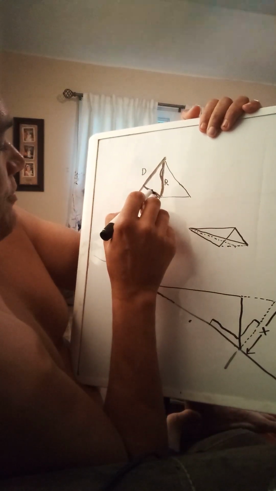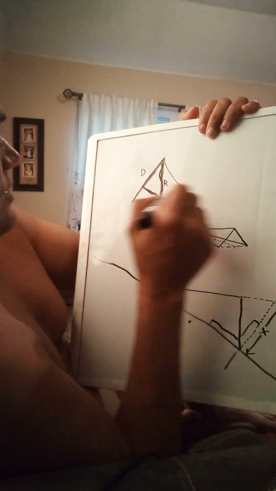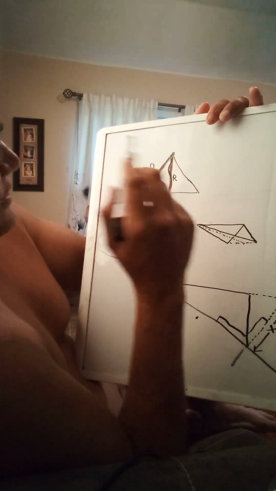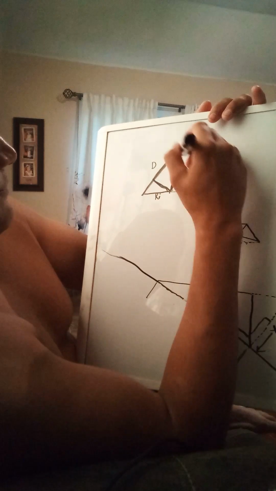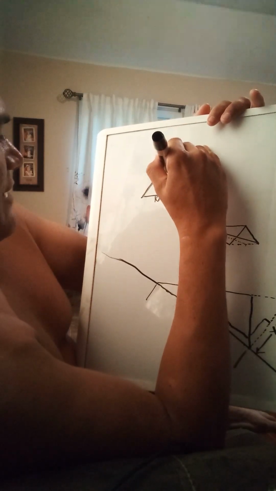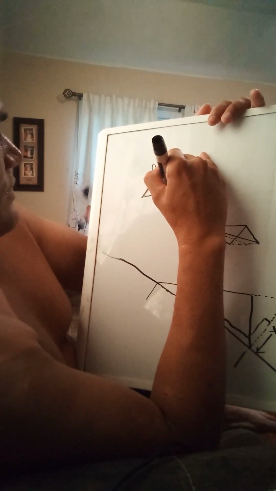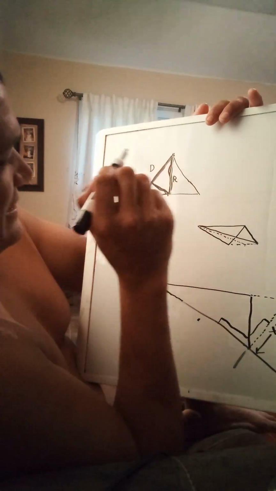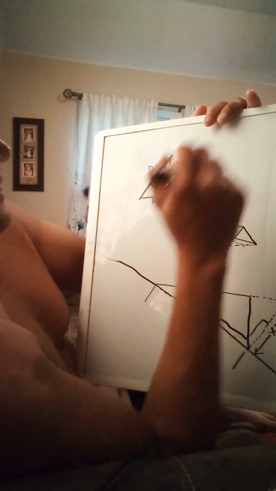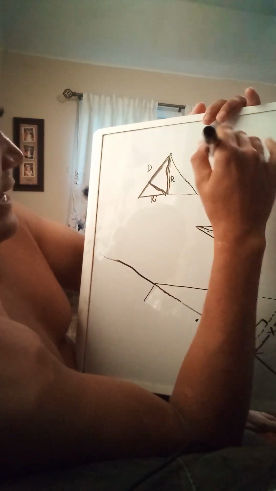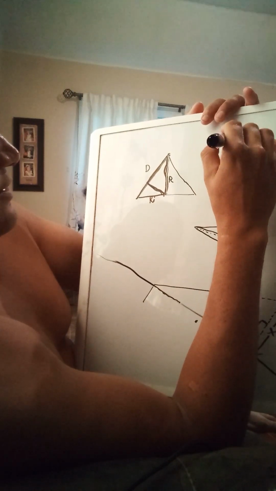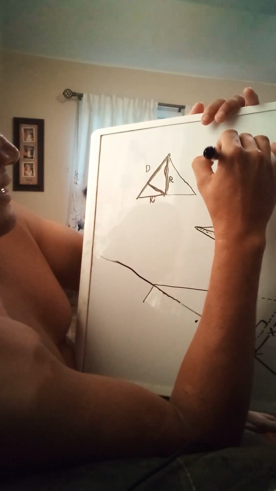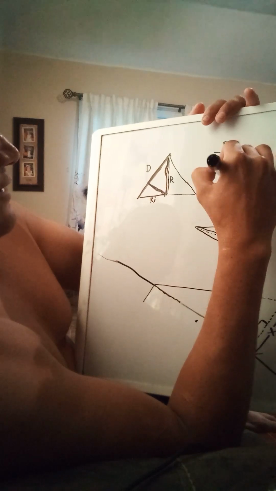We need to end up with the rise of this triangle. So how do we determine that? The only known length that we have is this distance, and that is the diagonal of the smaller triangle. The way I like to do it is this: I like diagonal on top, and then rise and run.